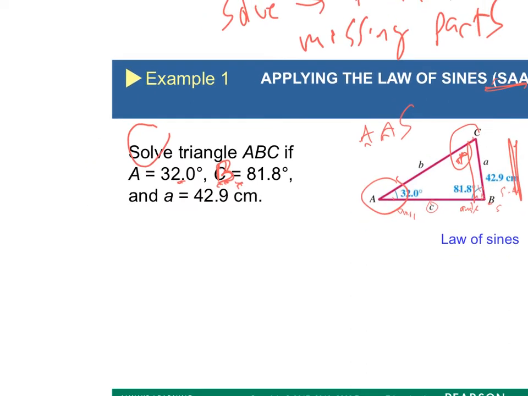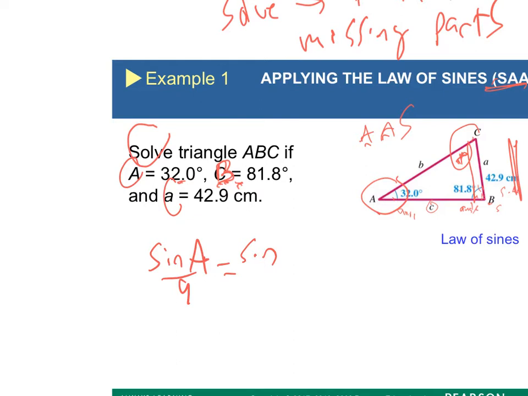42.9. So to do it, realize a good combination I have. Do you have any A's together and any B's together, any C's together? Well, I have an A and an A together. So it would be nice to do sine of A over A. Now, since I put sine on top, I need sine on top again.